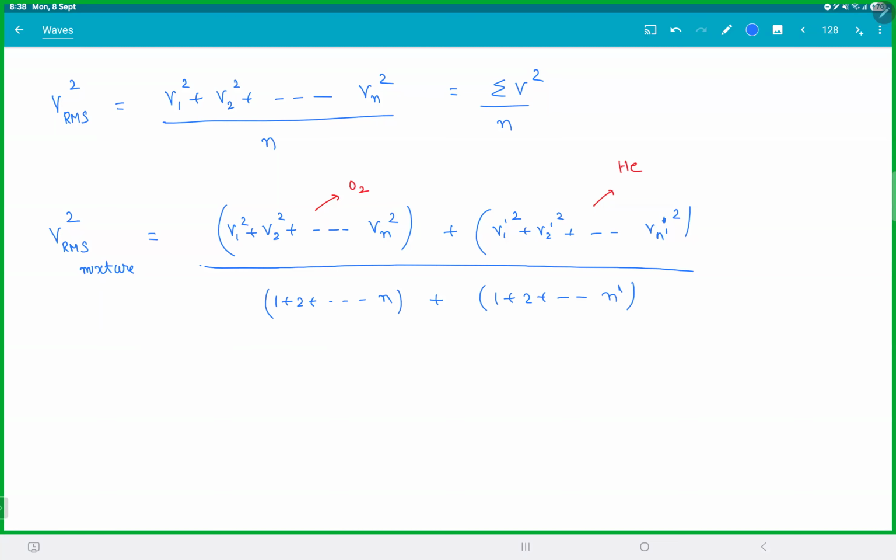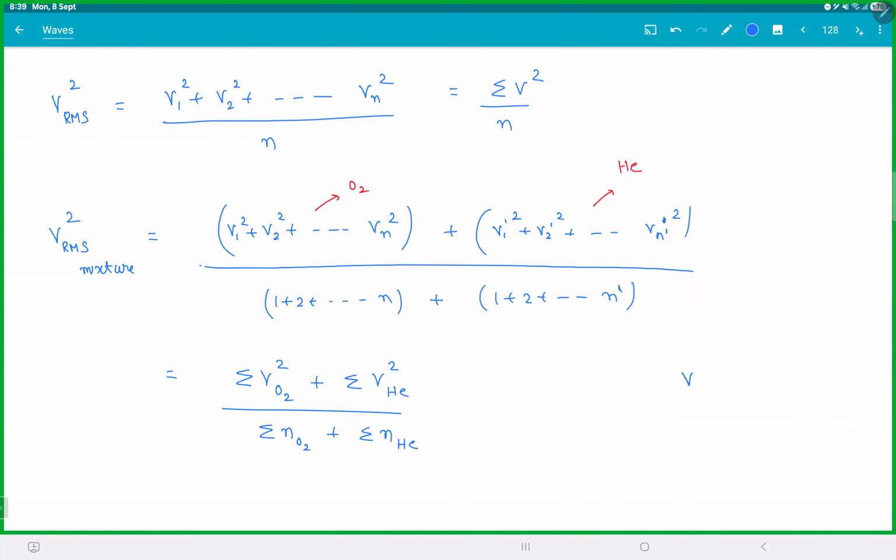Isn't this the formula for VRMS? You see, VRMS doesn't care whether it is monatomic or diatomic, isn't it? It is simply the translational thing. Now, if you look at this, this is sigma V square for oxygen plus sigma V square for helium, divided by sigma n for oxygen plus sigma n for helium. Is that right?